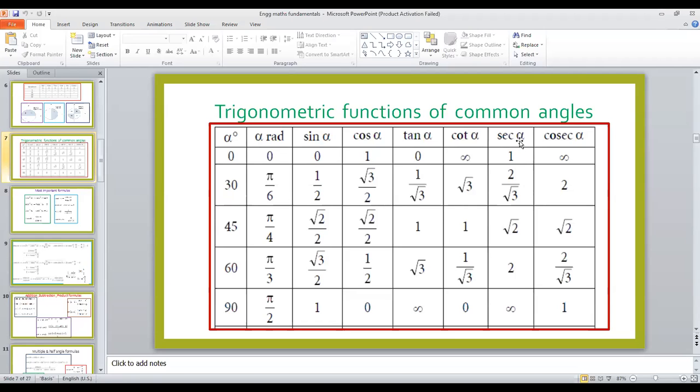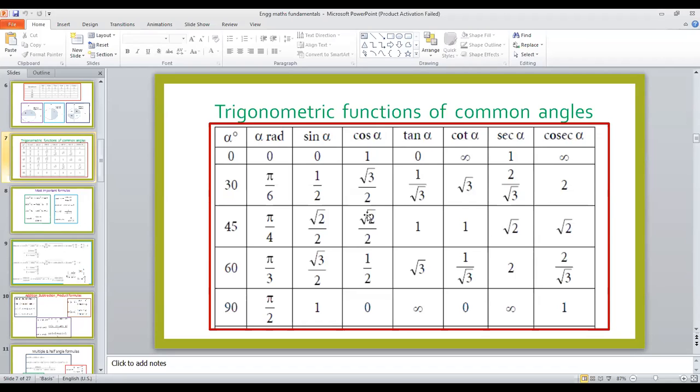Now, sec alpha. What is sec alpha? It is 1 by cos alpha. So 1 by cos alpha means take the reciprocal of the values of cos alpha. That is 1 upon 1, it is 1. 1 by root 3 upon 2 means 2 upon root 3.